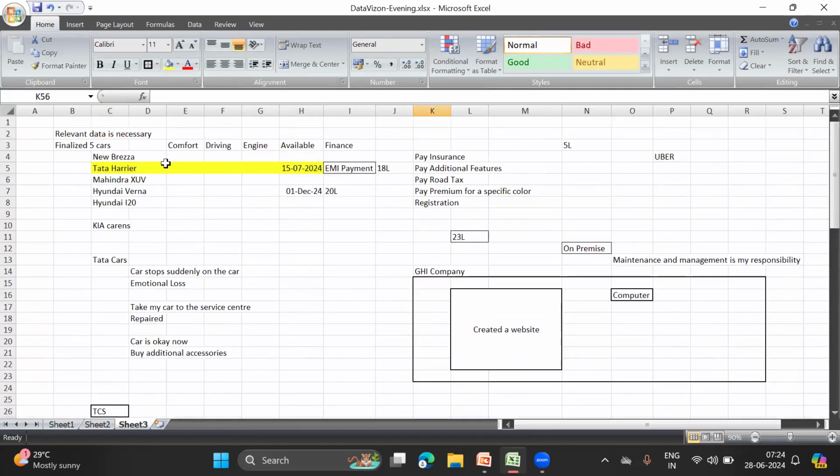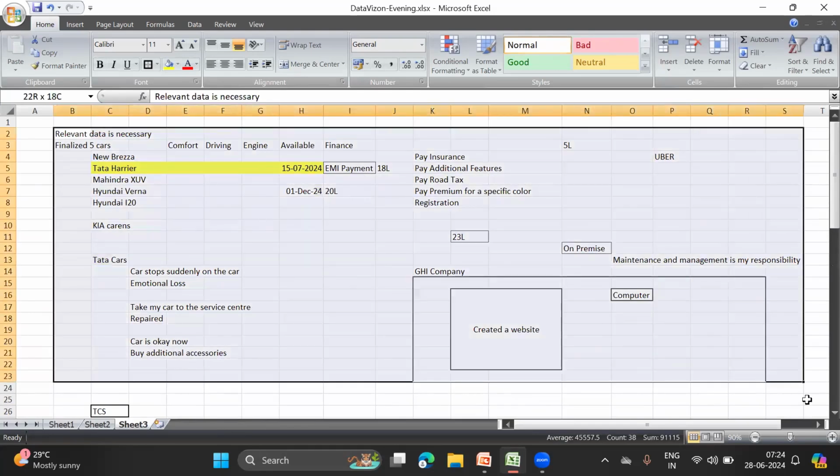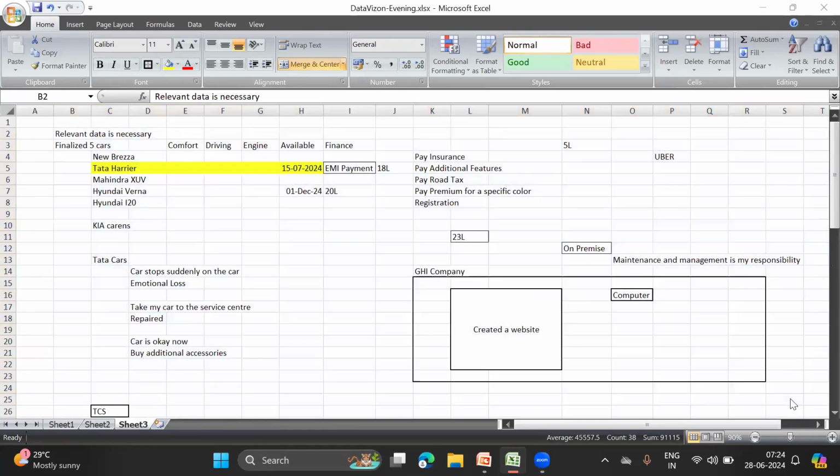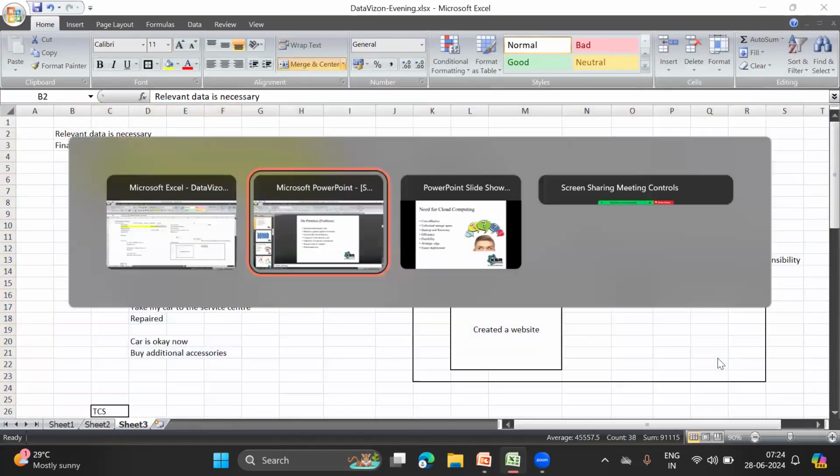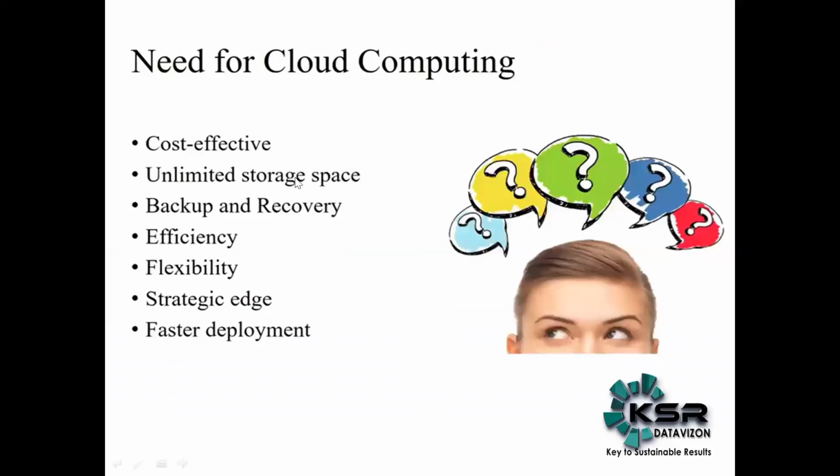But if you were having only one car, you had a lot of restrictions, right? You cannot go with so many people together. So there was a lot of limitations. So we have unlimited storage space when we talk about cloud. We have backup and recovery.